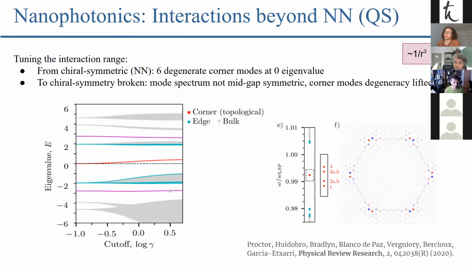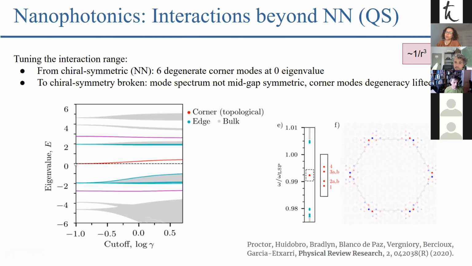Outside the hexagon, they are in the other phase. And we artificially tune the interaction range between the dipoles. We include a cutoff so that the interaction range moves from pure nearest-neighbor to the full long-range interactions. What we see is that increasing the interaction range breaks the chiral symmetry, as expected, of the spectrum.